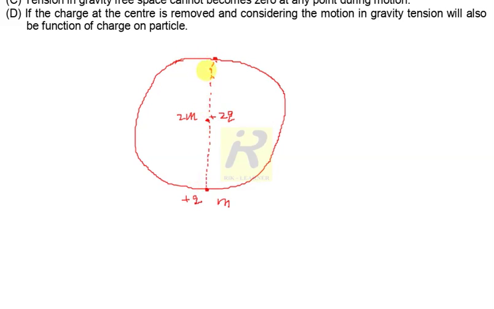I call this position A and this position B. One more thing I should say here: the particle is assumed to be moving in a counterclockwise direction, with velocity VA at this point, and here the velocity will be VB in this direction. So this is how the particle is revolving.